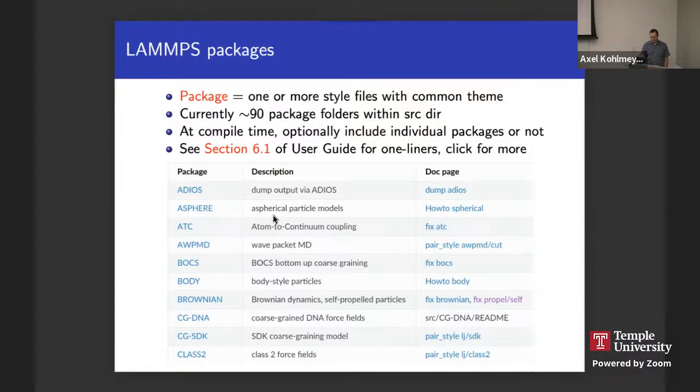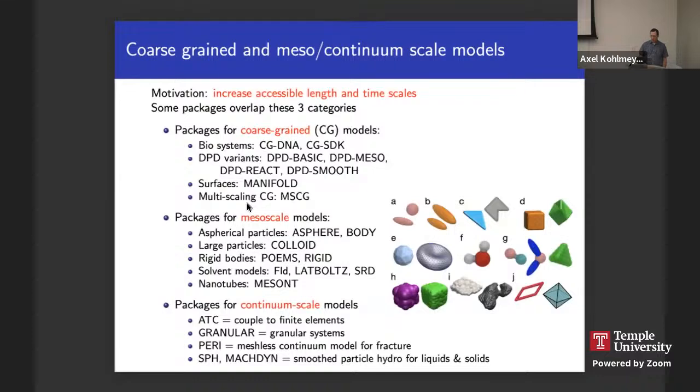Another example is ASPHERE, aspherical particle methods like triangles or ellipsoids, etc. There are also coarse-grained and meso or continuum scale models. This goes beyond the typical all-atom model, so that you can increase your length and time scales. There are really three different categories.